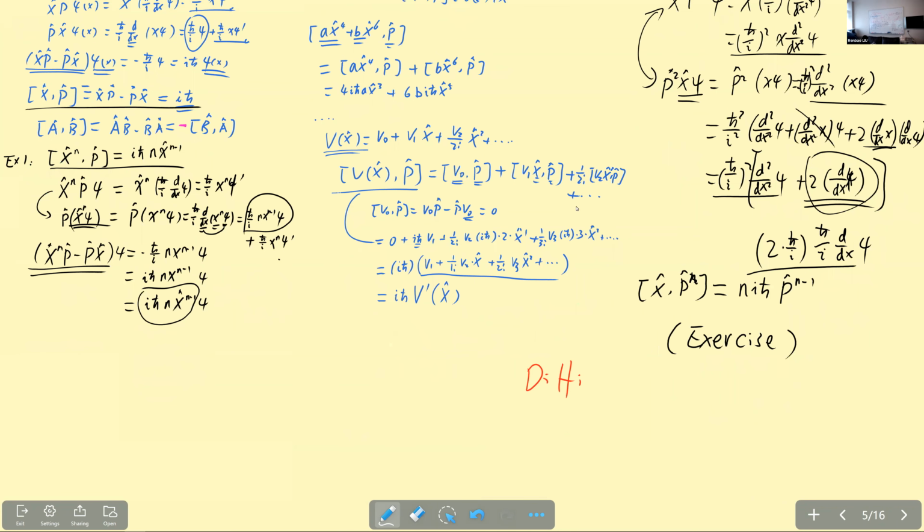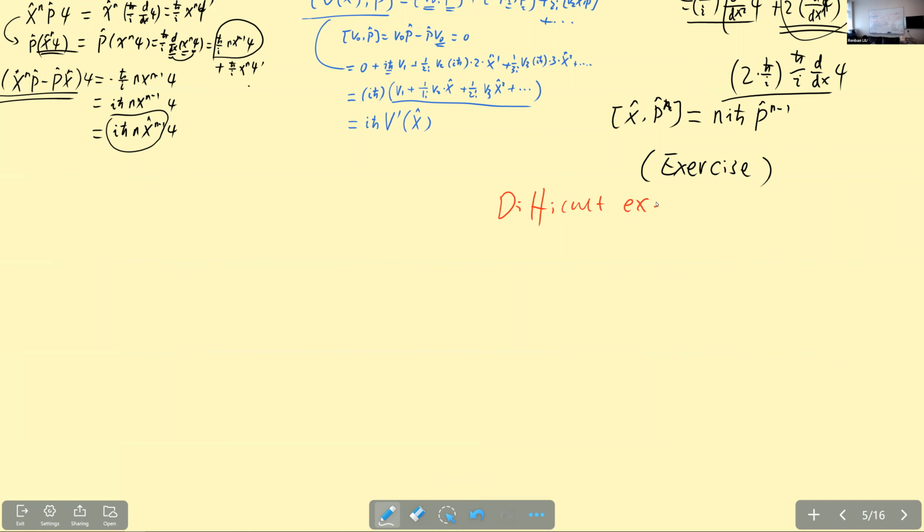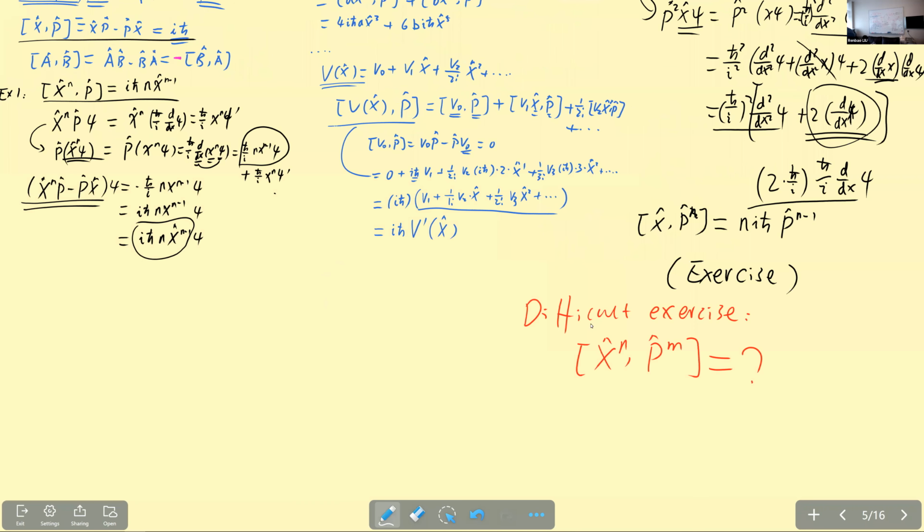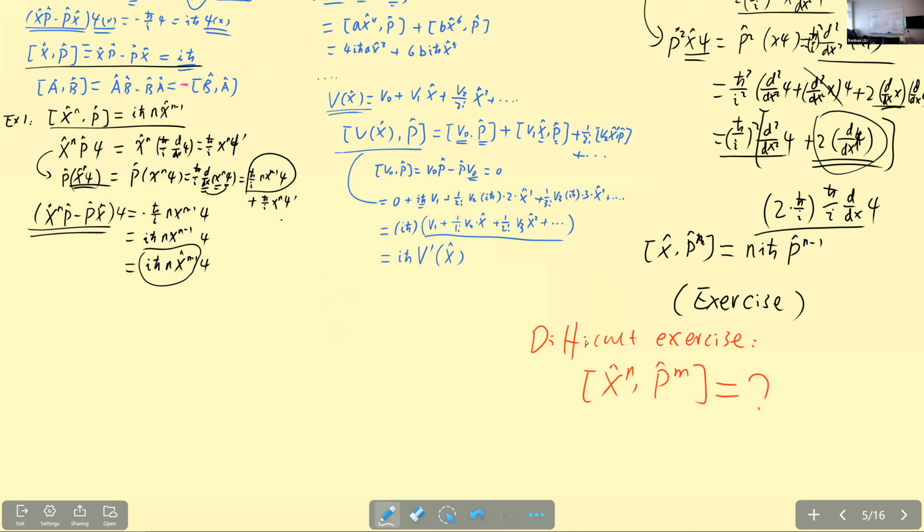So this one equals what? If you work this out, you'll find that you yourself are actually quite familiar with this kind of thing.